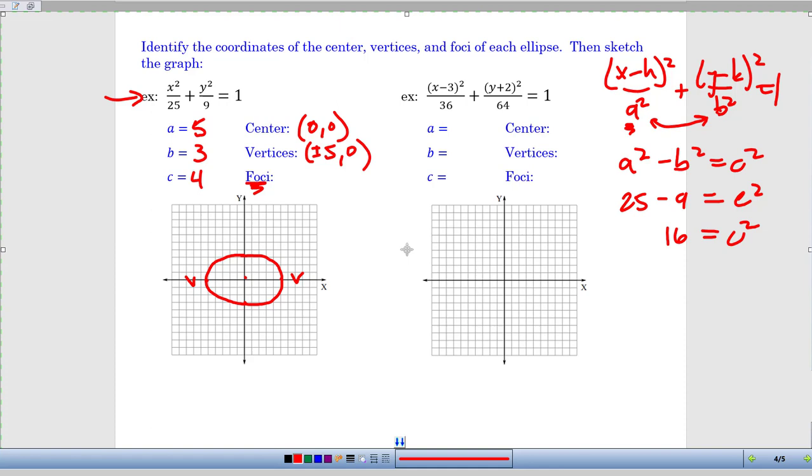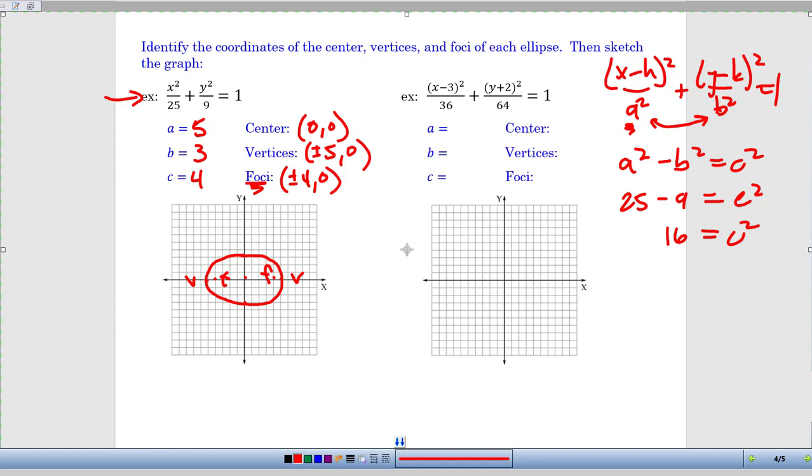And so with c being 4, c is that distance from the center to the foci, and it's going to be in the same direction as the vertices. So those are going to be these two locations here. There's one, and there's the other focus. And we can see that the coordinates of those are plus or minus 4, 0.